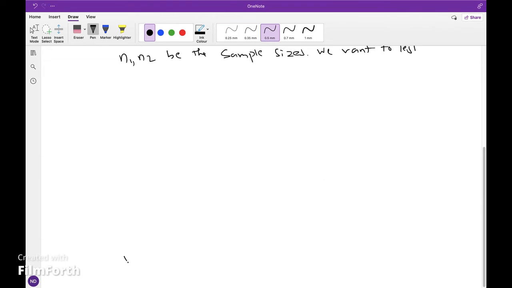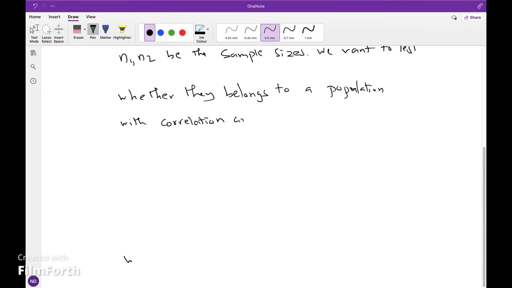We want to test whether they belong to a population with the correlation coefficient rho.